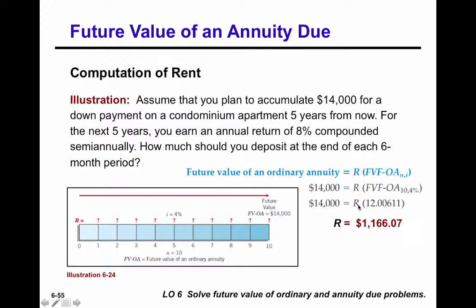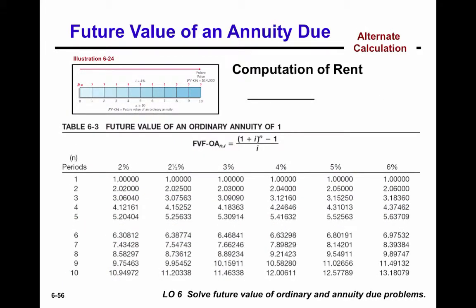And the value of the rent, solving by dividing the 14,000 by the 12.006, is 6-month semi-annual payments of $1,166. Here you see the table amount with the ordinary annuity at 4% for that period of time, and the factor then is used in the arithmetic to arrive at the answer, much as we did before.